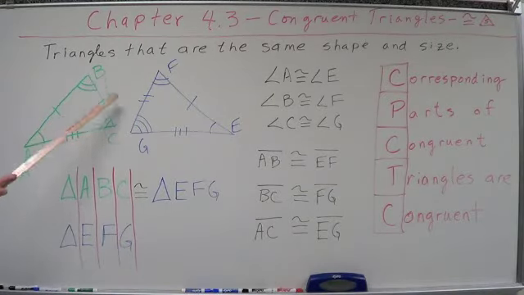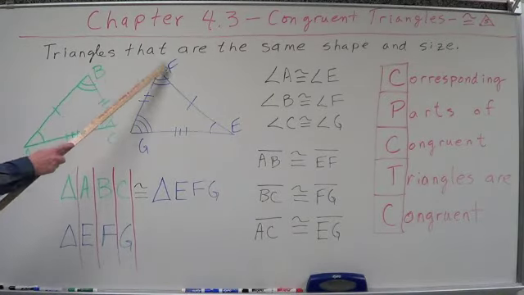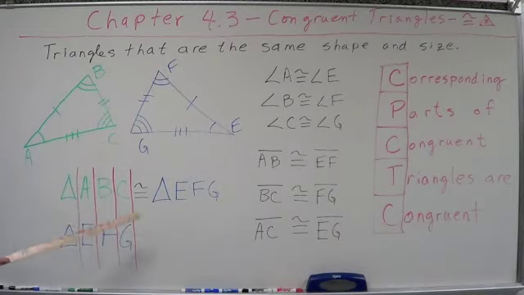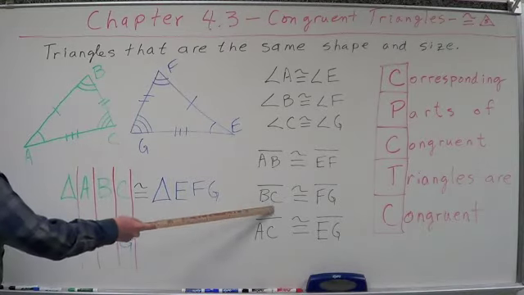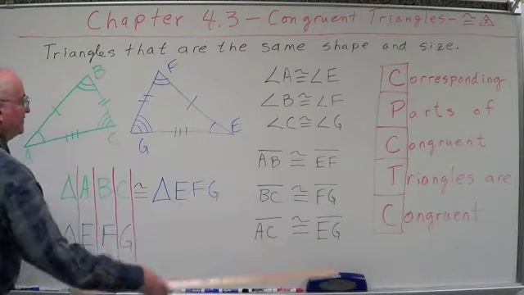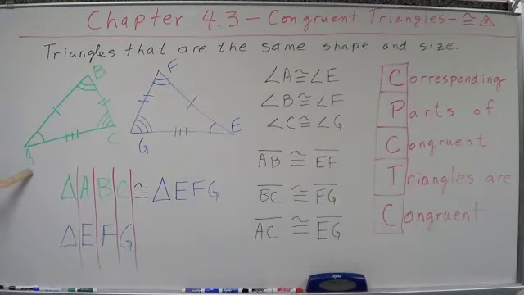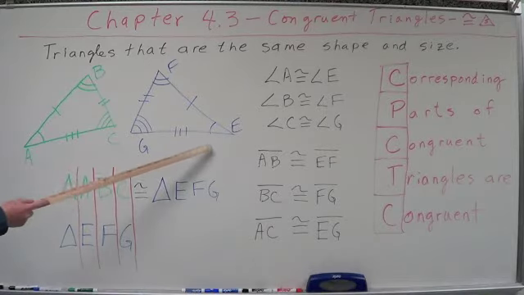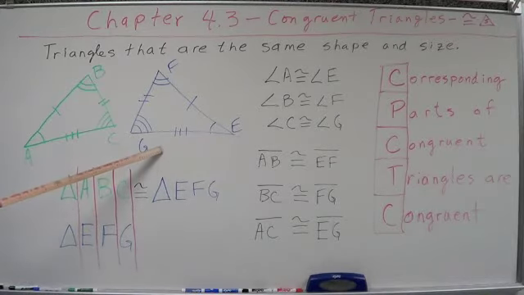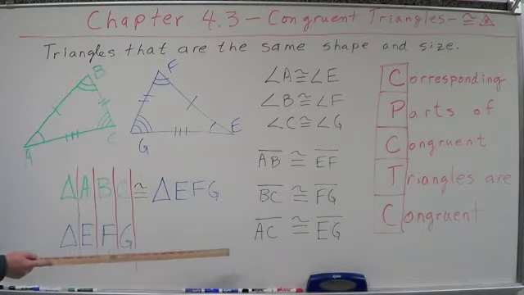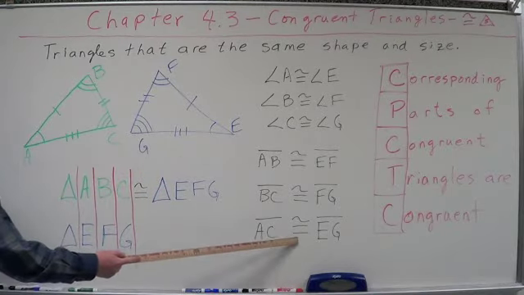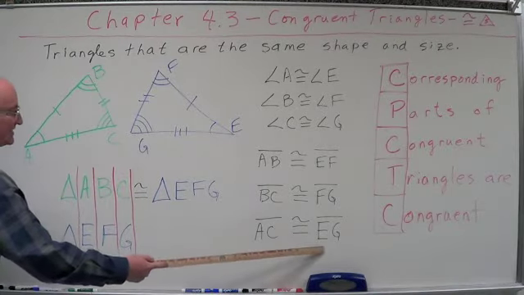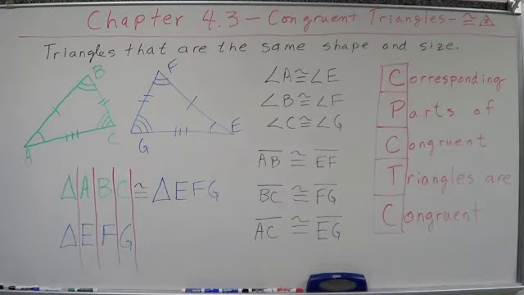And then segment BC has two little marks, and so does segment FG, denoting that segment BC is congruent to segment FG. And then segment AC has three little marks, and so does segment EG, which means that segment AC is congruent to segment EG.